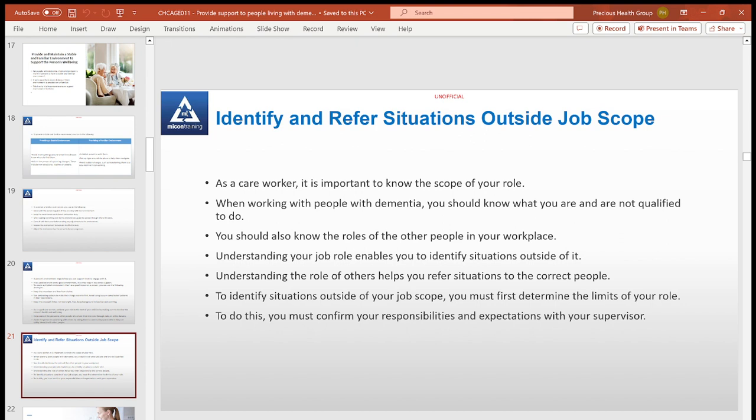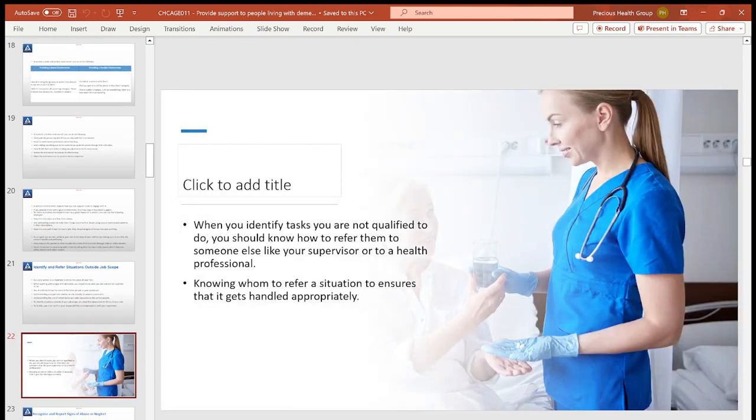So to identify situations out of your scope, you should first determine the limit of your role. To do this, read your job description. If anything is unclear, talk to your supervisor for better clarification.